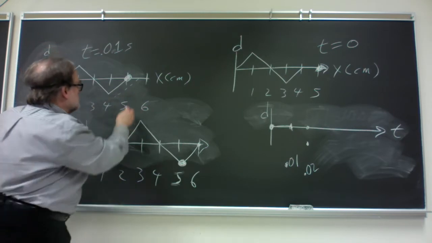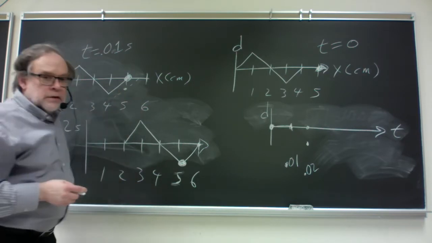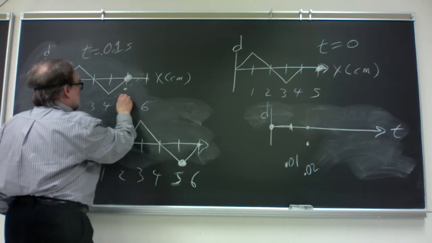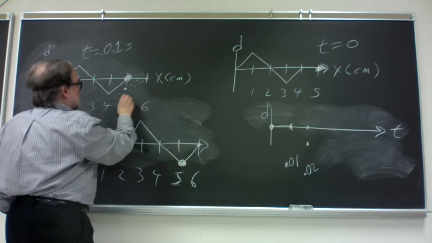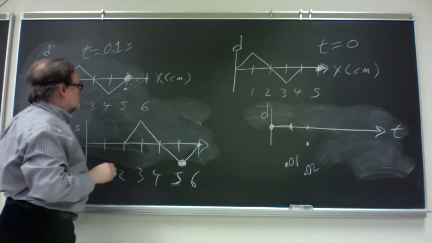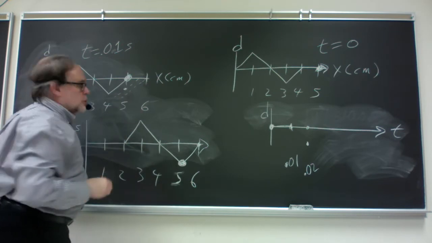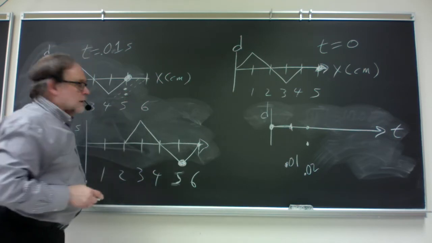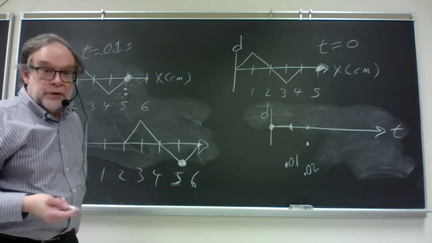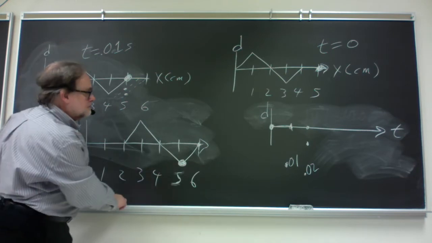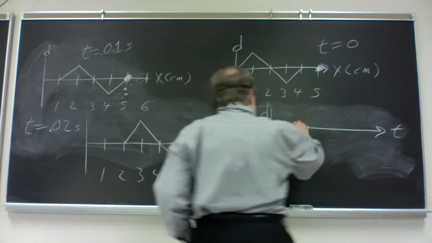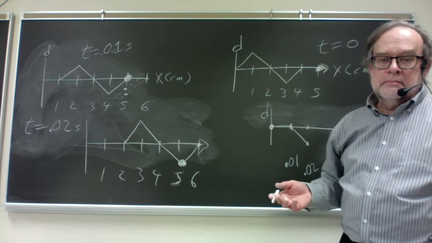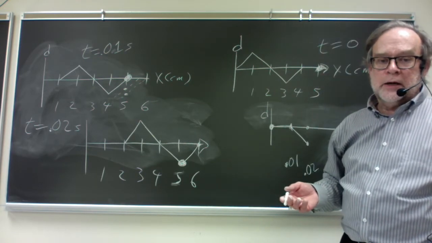So at that moment, the 5 centimeter point has been pulled down that far, and then a little bit later, the front edge of the pulse looks like that. So at that moment, the 5 centimeter point has been pulled down that far. So in that 100th of a second, gradually being pulled down.